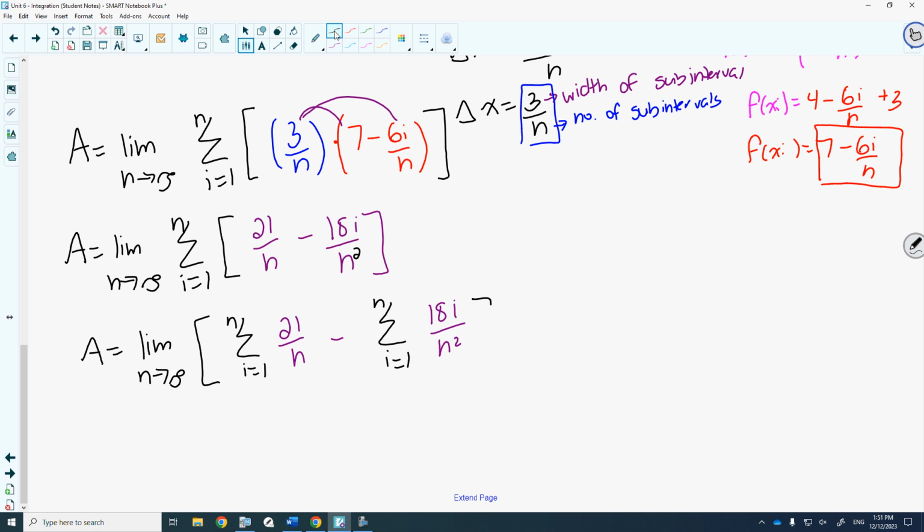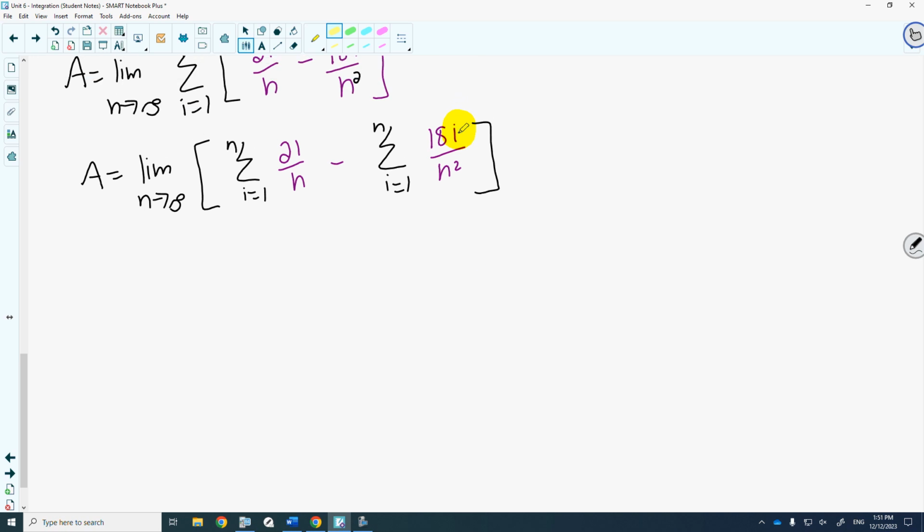Okay, so remember from yesterday, the goal is we want to try to get i squareds or i cubes, because then we could replace it with the formula for the sum of consecutive numbers, or the sum of squares or the sum of cubes. So I want to isolate that i to replace with the formula.